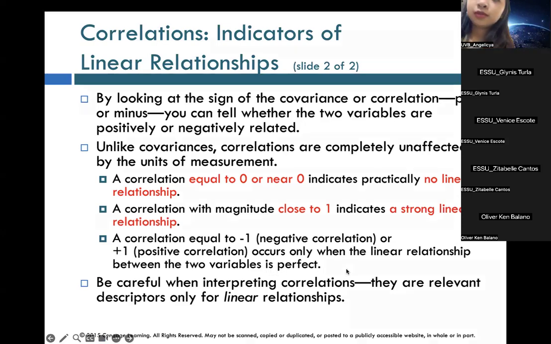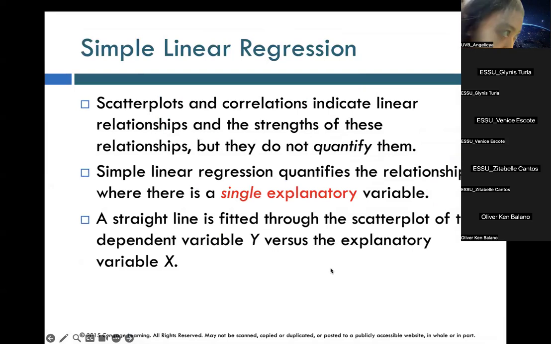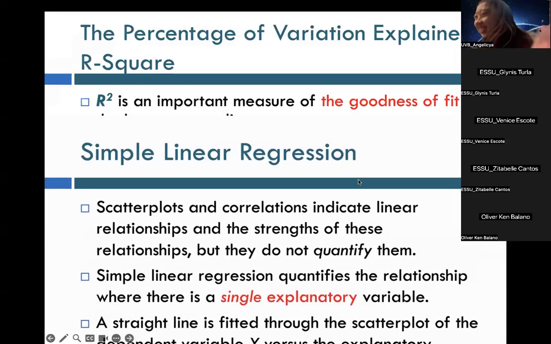Then we move on to how to predict or analyze with simple linear regression. In simple linear regression, we only have one single explanatory variable, just one variable that is fitted to predict the score of the y or dependent variable.